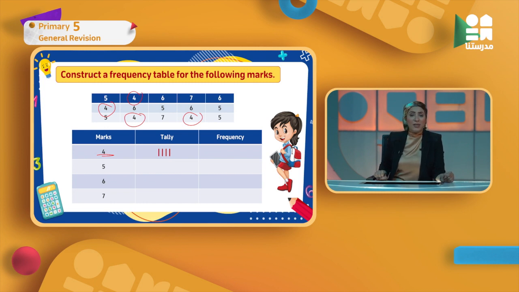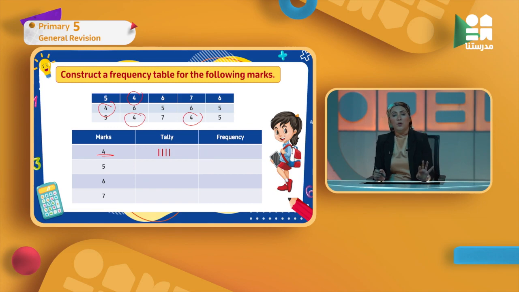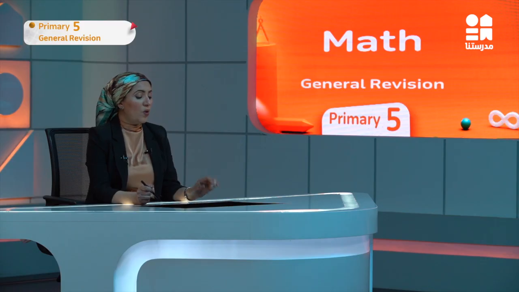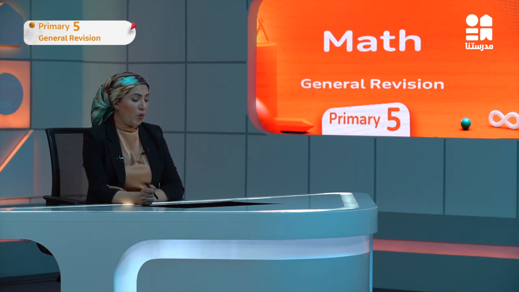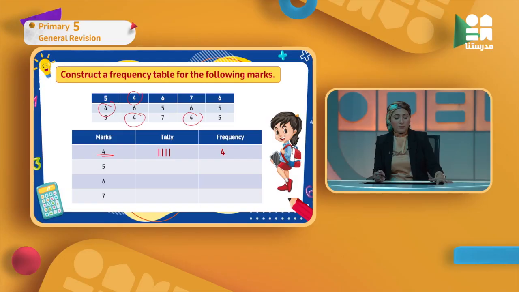طيب أنا عايزة أحول التاليز دي لنمبرز. It means that I have frequency or I have a frequency table now. So each tally بتمثل العدد واحد. So I have 4 tallies, which means that in the frequency column I have the number 4. Now I want the 5.